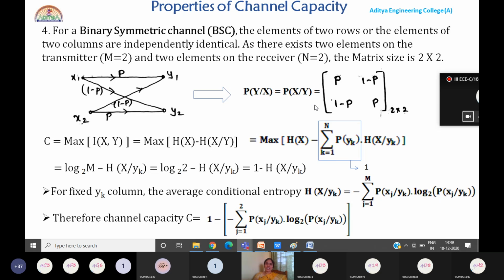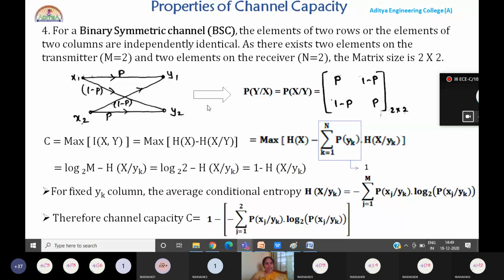And every time I am writing equal, is it valid? No. For a symmetric channel only it is equal. For a symmetric channel, here P of Y by X is equal to P of X by Y, because here the elements are independently identical.